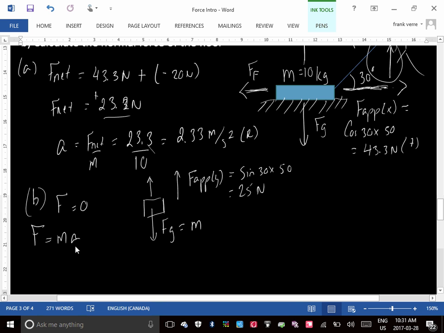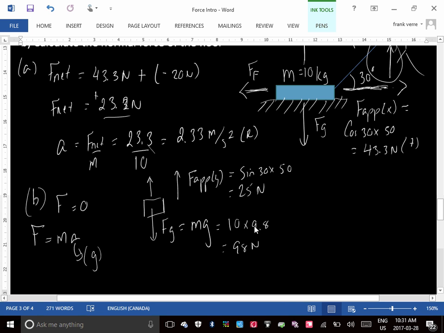So what you will see is that instead of the letter a, you'll see the letter g, which represents just the acceleration due to gravity, which is 9.8. So what was the mass of the sled? 10. Times g, which is 9.8. So there's a downwards force of 98 newtons.